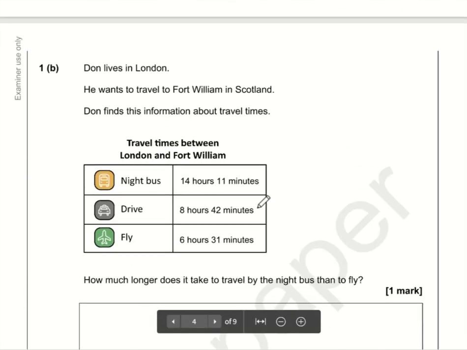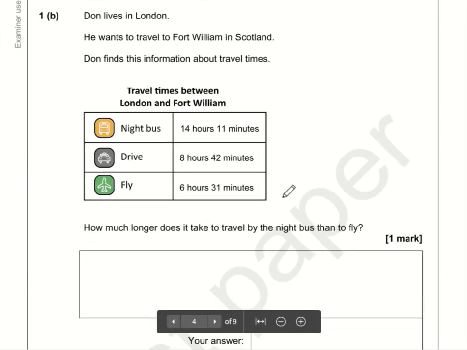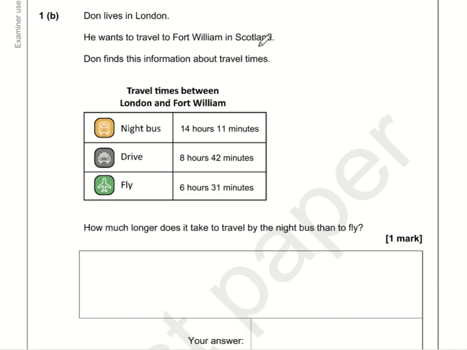Part B. Okay, we don't really need to read too much of that waffle, to be honest. The question is just how much longer does it take to travel by the night bus than fly? So what is the difference between 6 hours 31 and 14 hours 11?